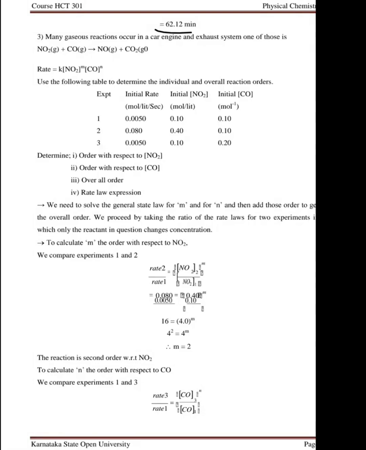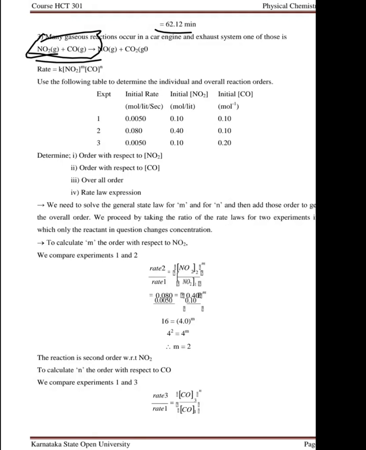Here we are taking a gaseous reaction: nitrogen dioxide and carbon monoxide give nitrogen oxide and carbon dioxide. For different rates, to calculate the rate law, rate = k [NO2]^m [CO]^n. These m and n are the orders with respect to the reactants, and these are the initial concentrations of the reactants.